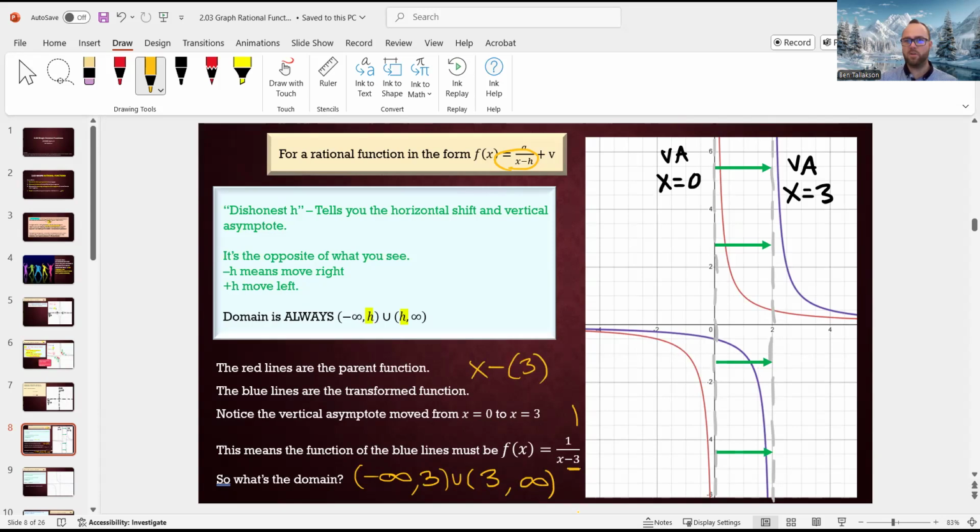And that makes sense on our graph, right? You see the blue lines coming right up to, ooh, I put that at the wrong position, didn't I?